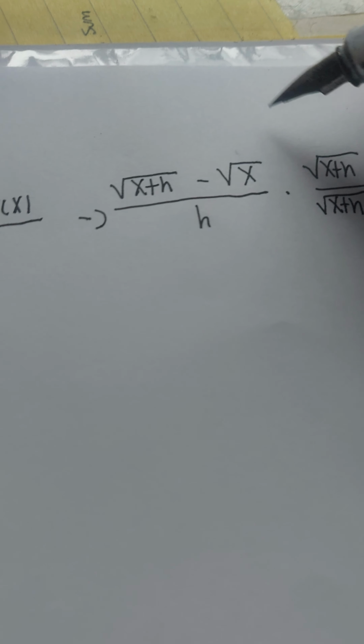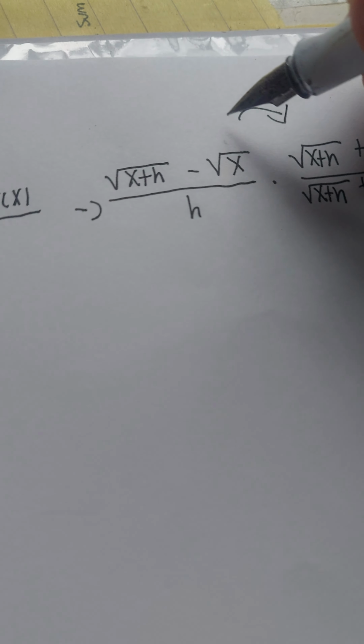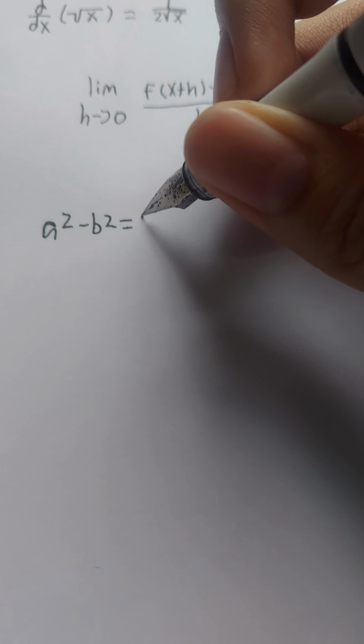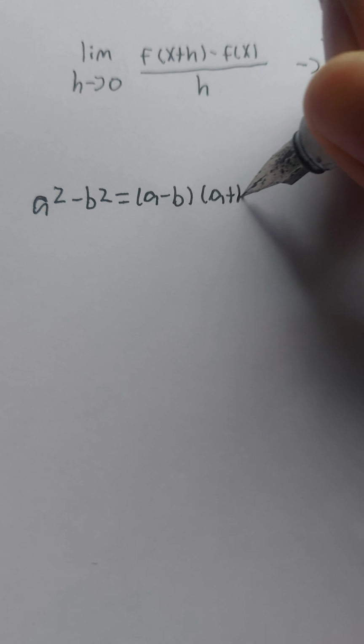Now notice this numerator. This is a difference of squares. Because remember, the difference of squares is defined by a squared minus b squared, and that's simply a minus b times a plus b.